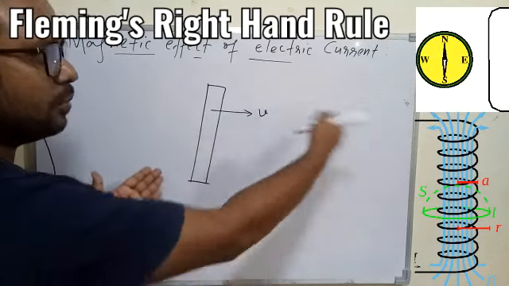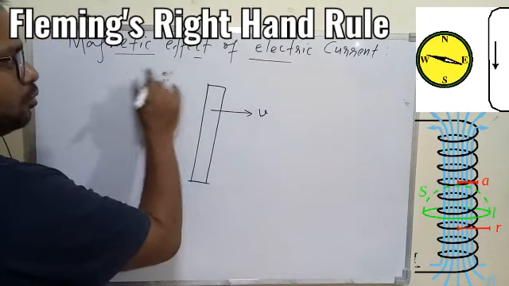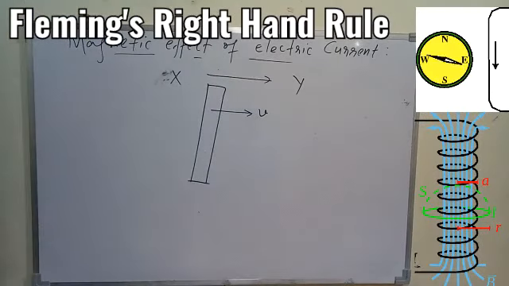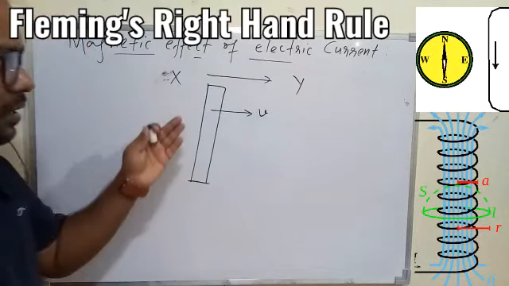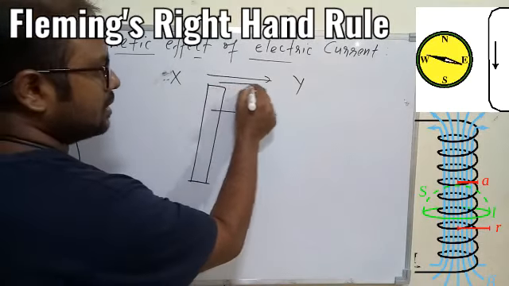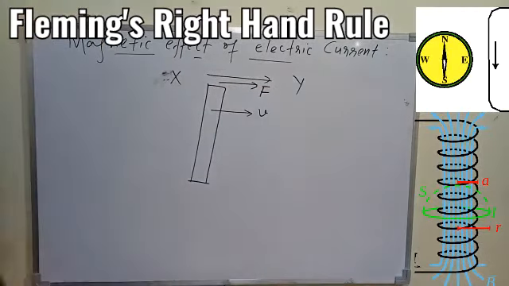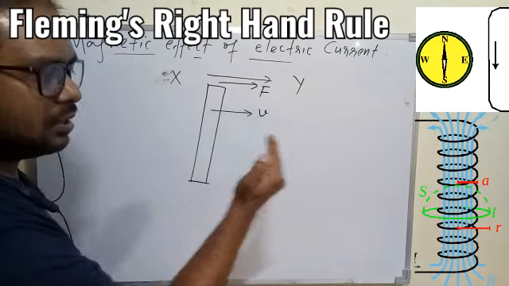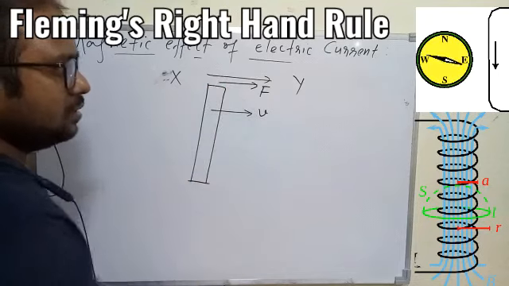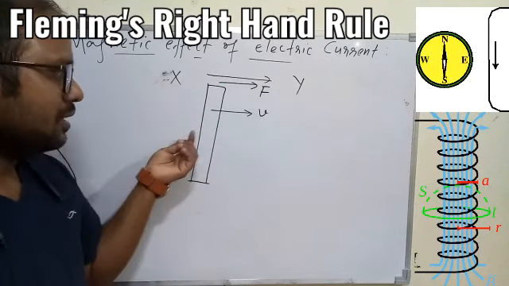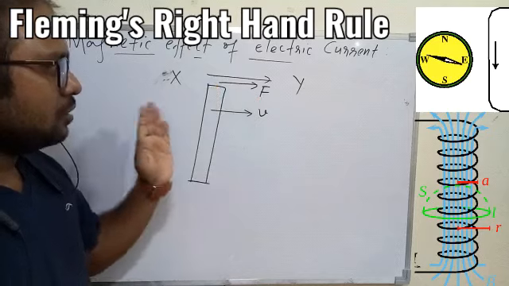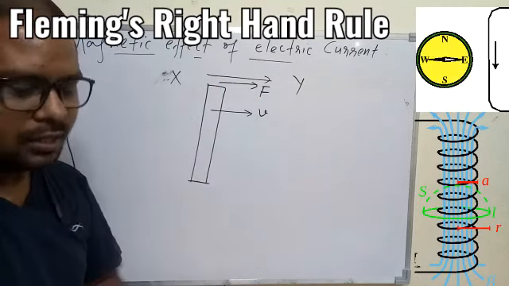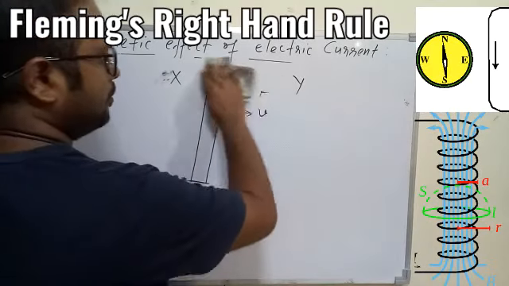If I say the conductor is moving in the direction X to Y, this is the direction of motion of the conductor, or we can say in this direction we are giving the force to the conductor, because to move the coil we have to give force to the coil. Along the same direction there is the velocity of the conductor. So the direction of force given to the conductor is nothing but the direction of movement of the coil. That you have to remember.